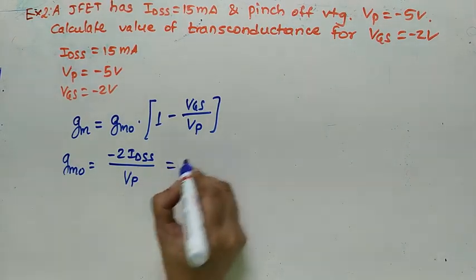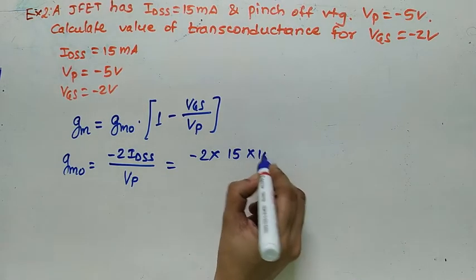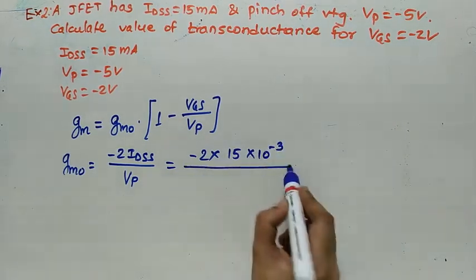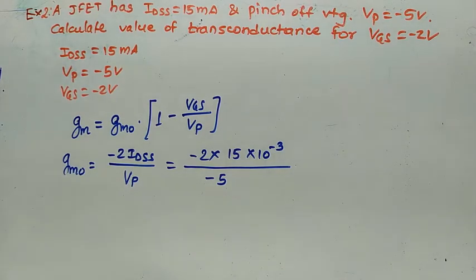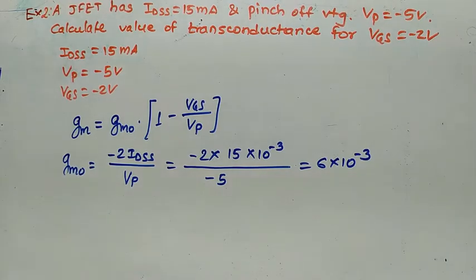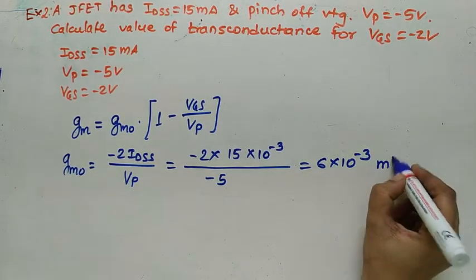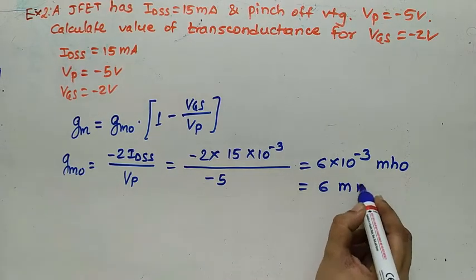Putting the values, minus 2 into IDSS, which is 15 into 10 raised to minus 3, divided by pinch off voltage, which is minus 5. Solving this on the calculator we get the answer 6 into 10 raised to minus 3 mho, or you can write it as 6 millimho.